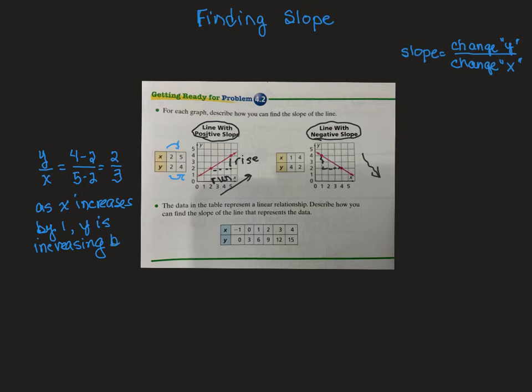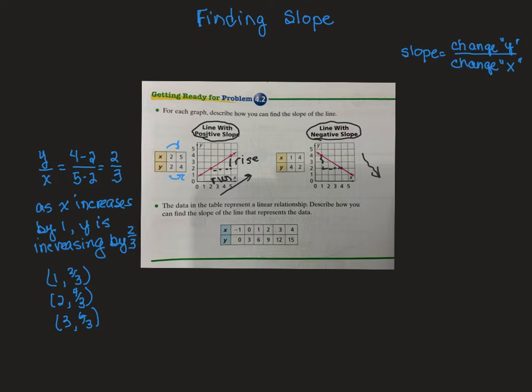So that's what that means. If 1 is 2/3, then 2 will be 4/3, and 3 will be 6/3, because every time x increases by 1, y is going to increase by 2/3.